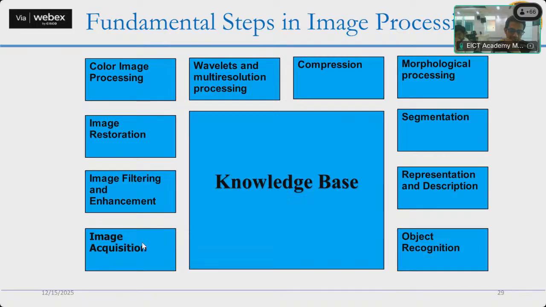Even if you go through them sequentially, what is the normal sequence? Here order is also there. Normally you acquire the image, thereafter you do the filtering and then the enhancement. For example, somebody asked whether any normalization is involved. That normalization is involved in this filtering part. Why do we do the filtering?